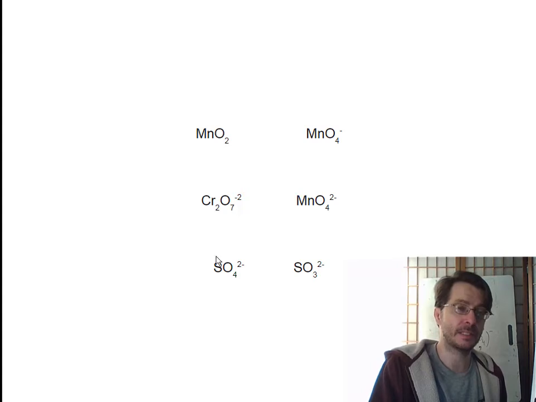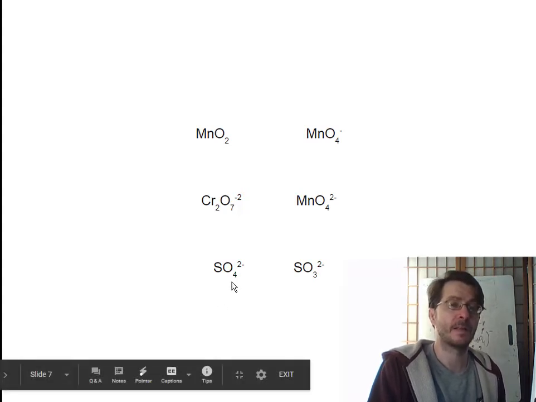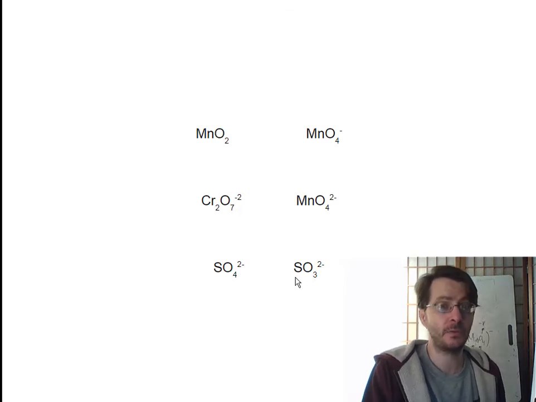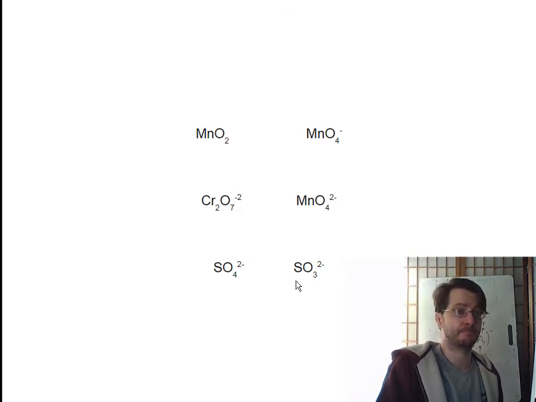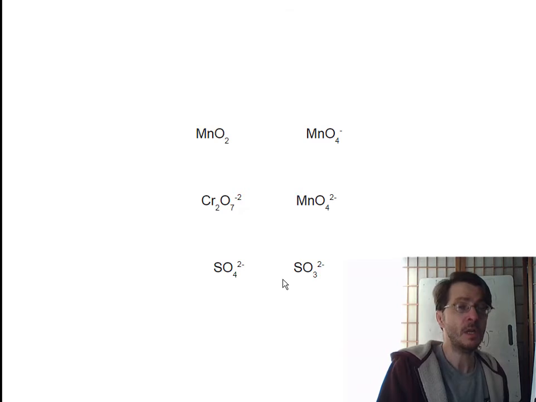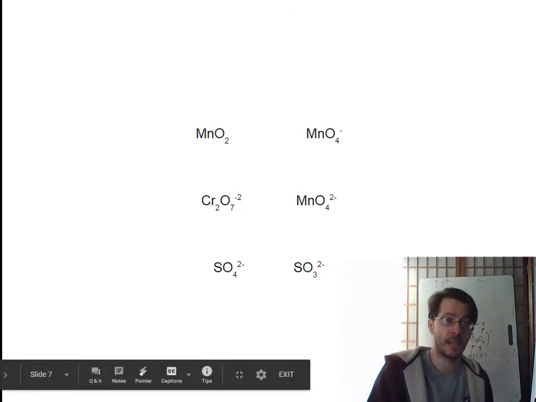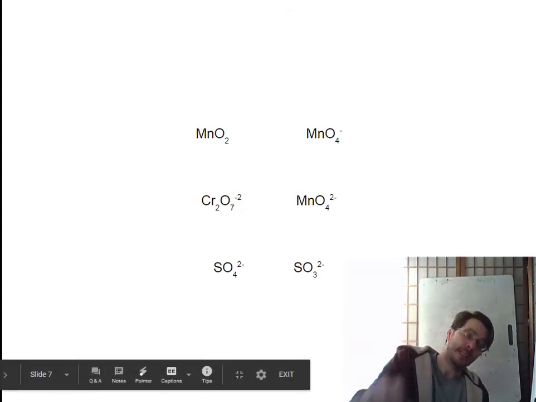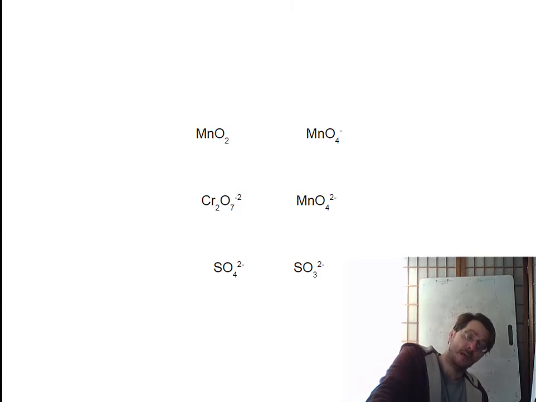This is a +6 for the sulfur. And this one, though, would be a +4 oxidation number. Prove that to yourself for each of these. Once again, the chemistry of redox changes involves changes in oxidation number and changes in electrons.